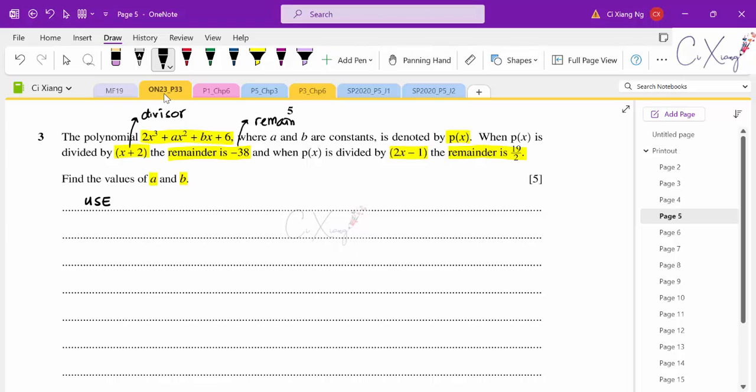To find out the values of a and b, there are a few methods that you can use. Either you can use long division and then try to solve for a and b, or you can use the remainder theorem. The remainder theorem means that when you substitute the value of x from the divisor into the polynomial, then by right, you will get the remainder.